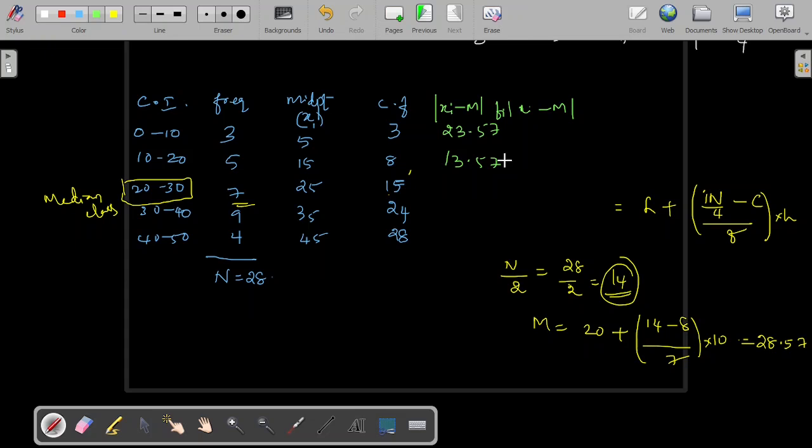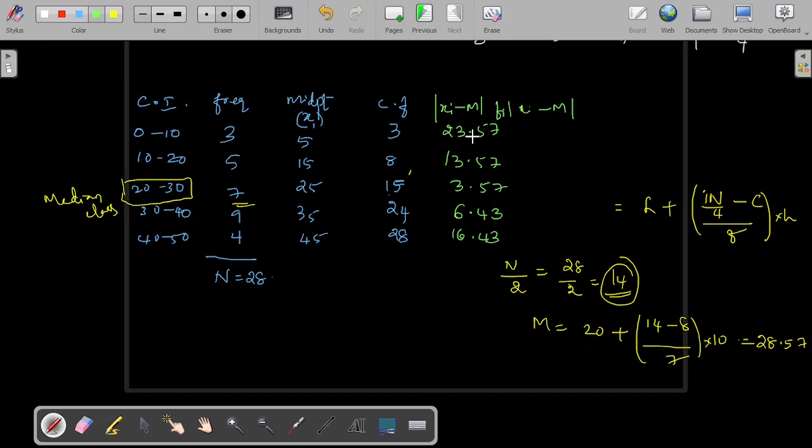Then 25 minus 28.57, that gives you 3.57. Next 35 minus 28.57, that gives you 6.43. Next 45 minus 28.57, which gives you the value 16.43.